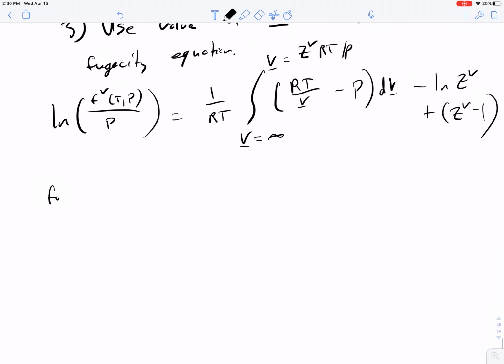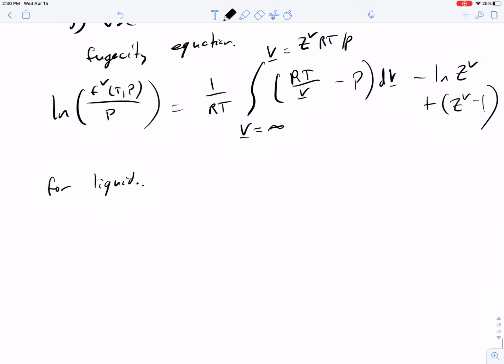For liquid, you do the same. Okay, it's going to be exactly equivalent.